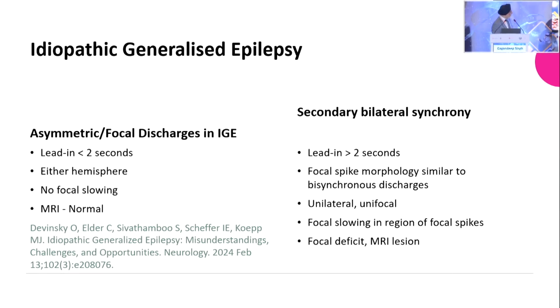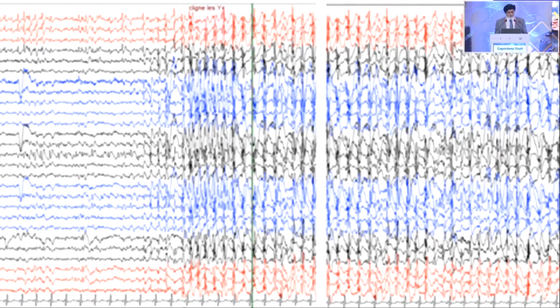The focal spikes are similar in morphology to the bisynchronous discharges. They're usually unilateral, unifocal, one focus, as opposed to the EEG I just showed, where they could be on either the right side or the left side. And then the underlying MRI is normal, but it is abnormal in someone who has secondary bilateral synchrony.